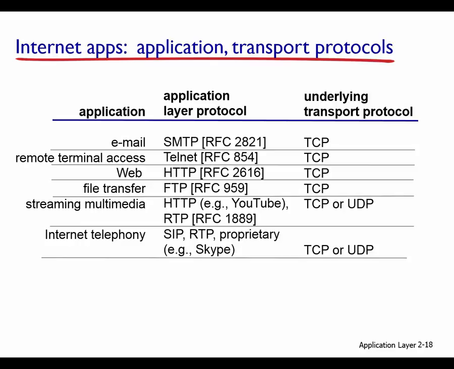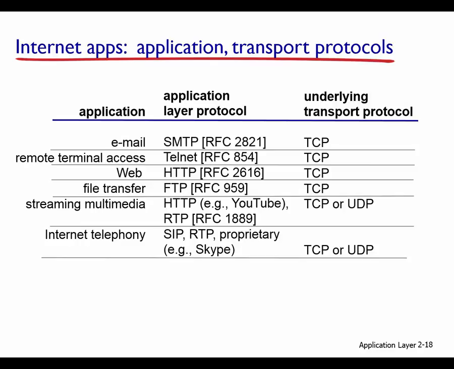You can see that internet telephony is often proprietary, and there's not really an RFC for that. So that's something you have to address using proprietary software and or equipment. And you can see the different transport protocols.